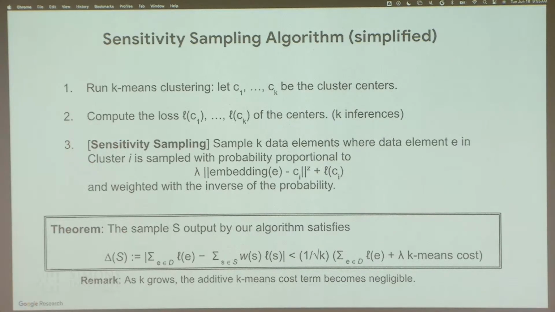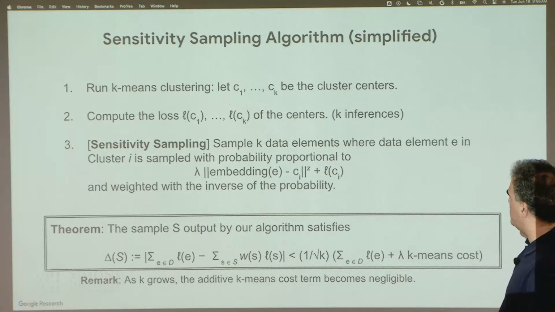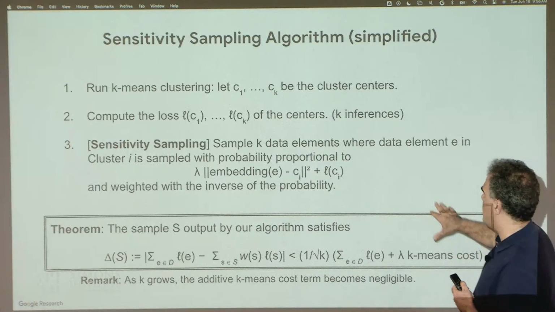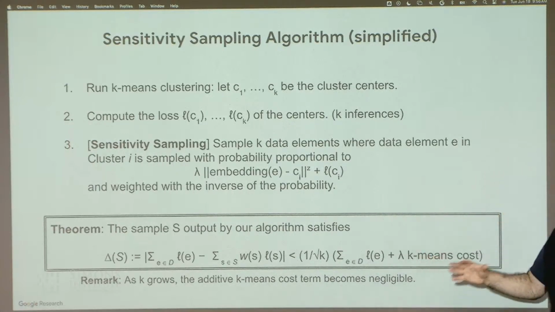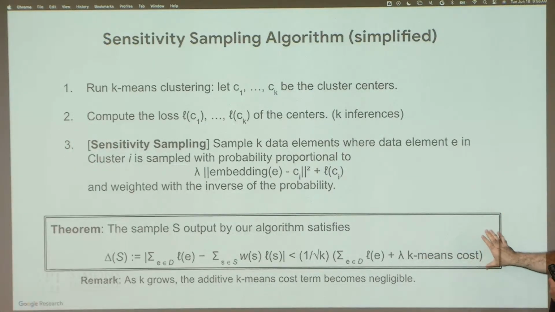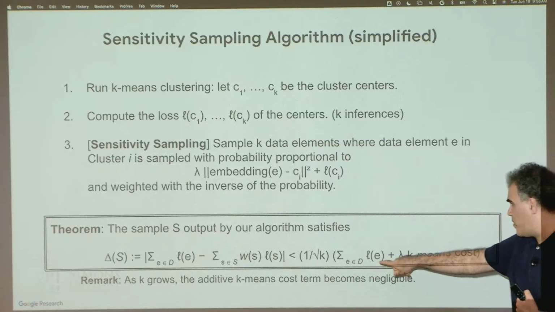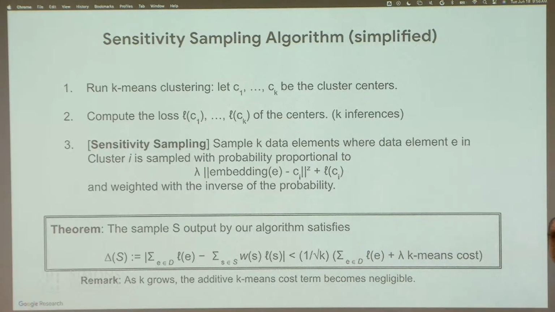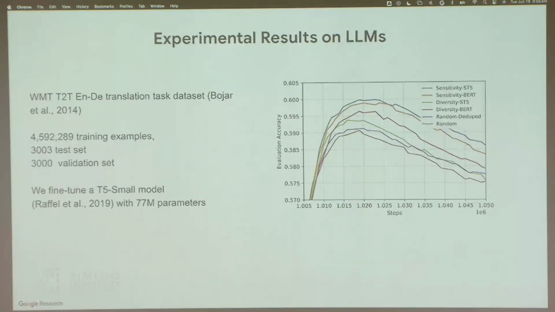More specifically, one thing we can do now is end-to-end. With that assumption, we can show that we can get a loss that's 1 over square root of k of the best thing, but we also have the cost of the k-means as part of the loss function here.